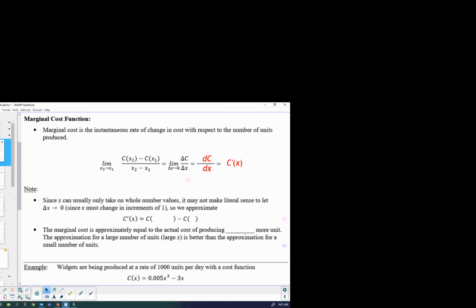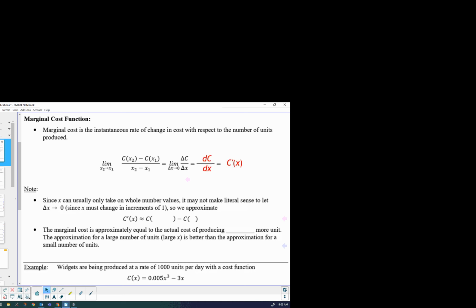So here, if we look at this first note, since x can usually only take on whole numbers, as in I can manufacture an entire car or no cars, but a fraction of a car is useless, right? So my x values often will have to be whole numbers in this chapter, because having a fraction of whatever I'm producing is typically a useless thing, and so we wouldn't consider it as something that's been produced.